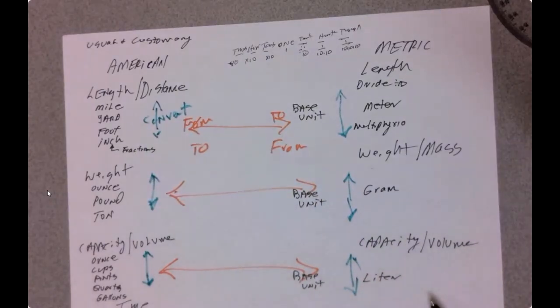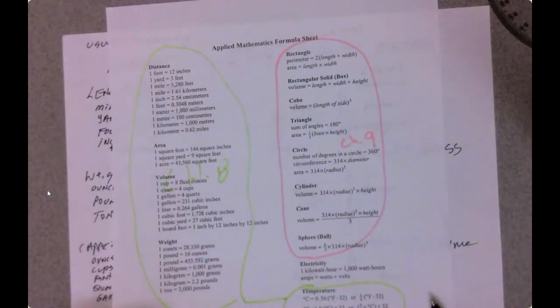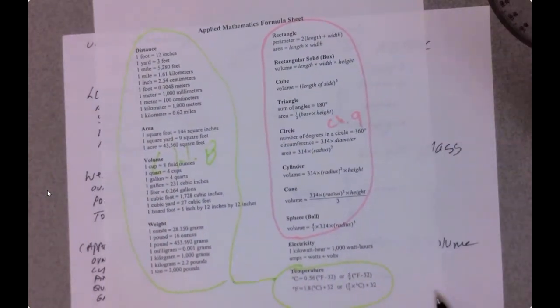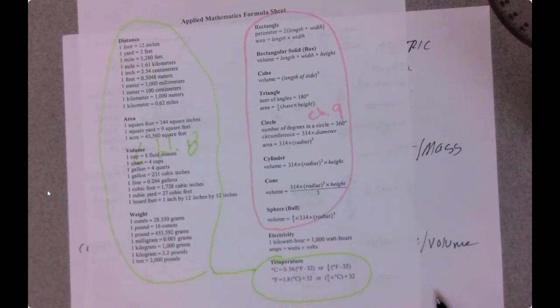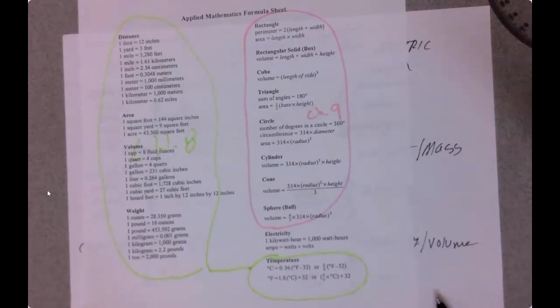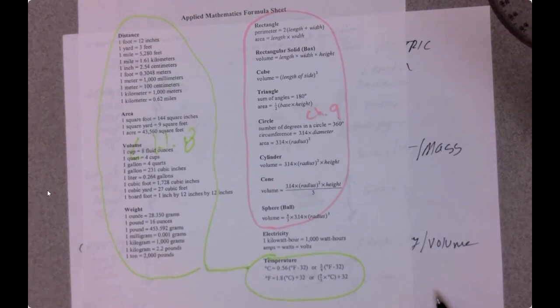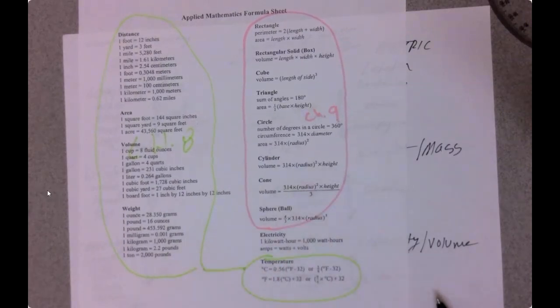Now, the other question that sometimes comes up is, how much of this do I have to memorize? So this handout will be included in your proctored exam package. The items outlined in green relate to the measurement chapter 8, and the items in pink are chapter 9 items.